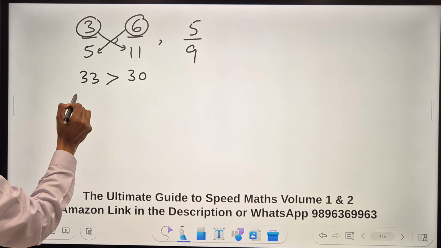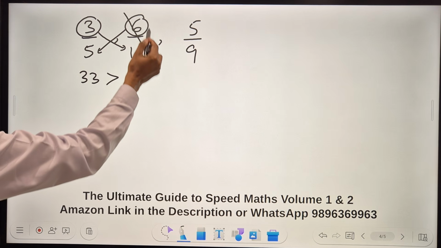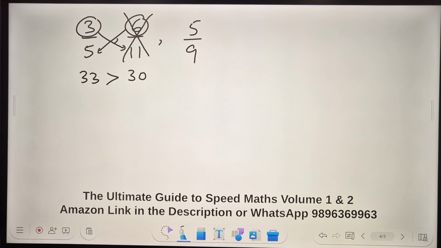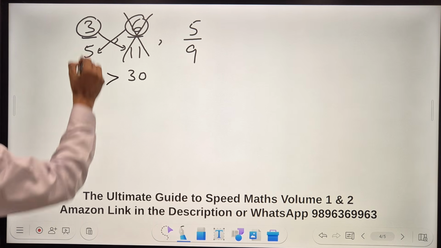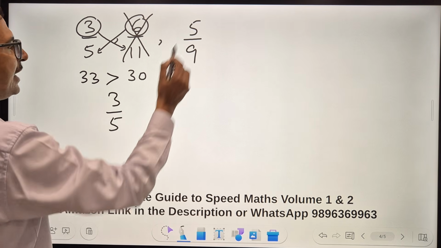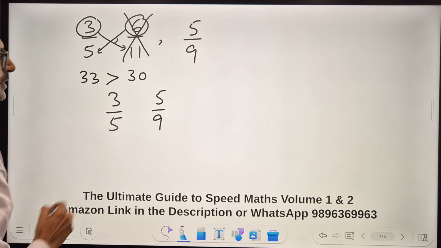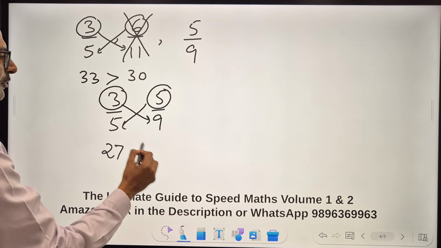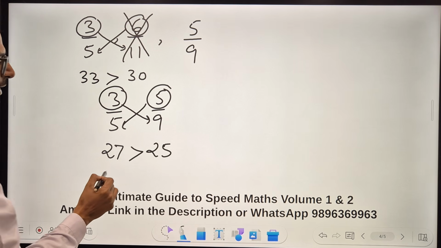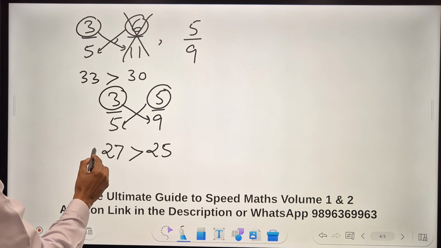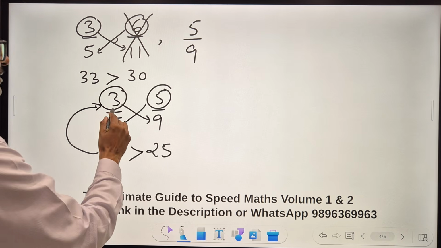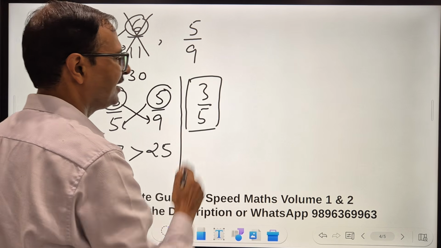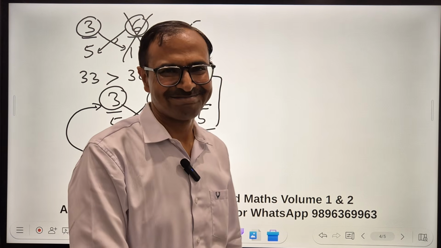So 33 is greater. So I have to eliminate 30, which came from 6 upon 11. So 6 upon 11 is eliminated because I am trying to find the largest. Now I am left with 3 by 5 and 5 by 9. 3 gives a product of 27 and 5 gives a product of 25. And fortunately 27 is greater than 25. 27 came from here, and therefore 3 upon 5 happens to be the champion, the largest fraction among all.